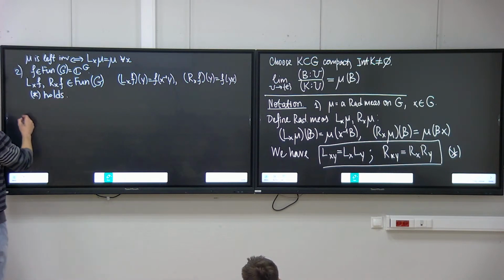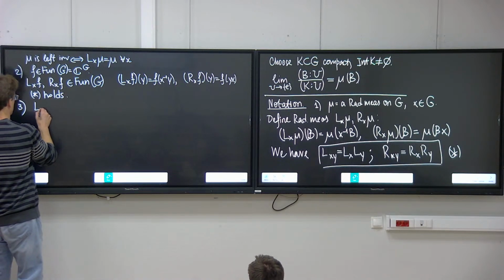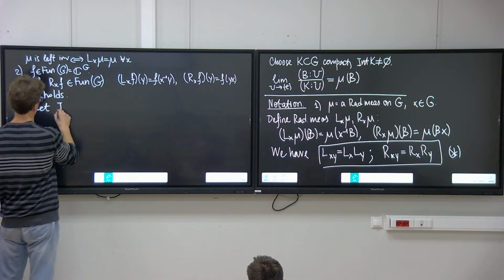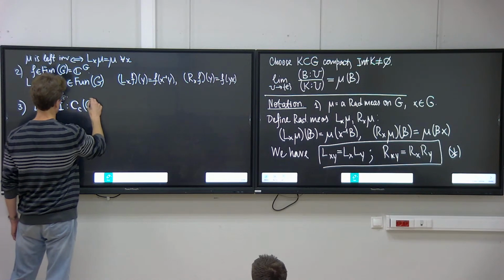And finally, let's define left and right translates of linear functionals on continuous compactly supported functions. Suppose we have a linear functional I on our space.